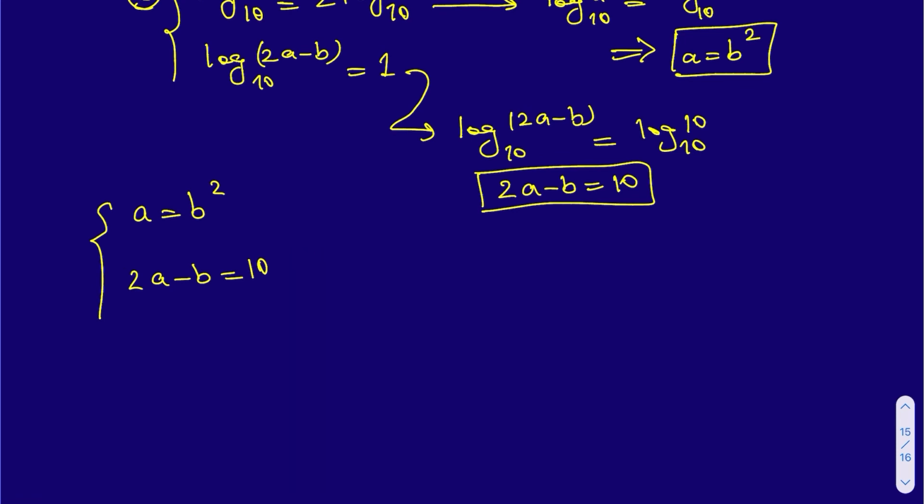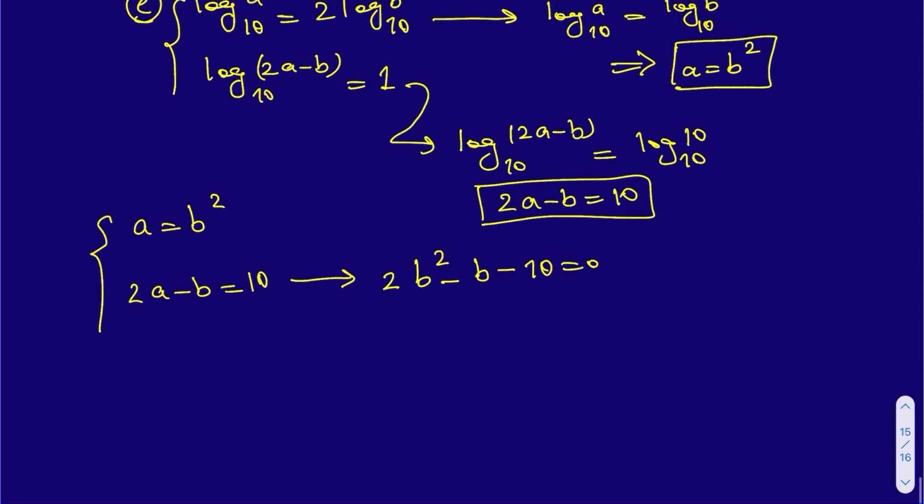Therefore, this equation will be 2 times b to the power of 2 minus b is equal to 10, and I will move 10 to the left side of the equation, and here we have got a quadratic equation now. We need to solve this quadratic equation, and it's quite easy.